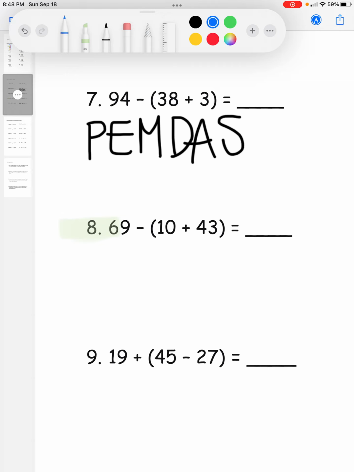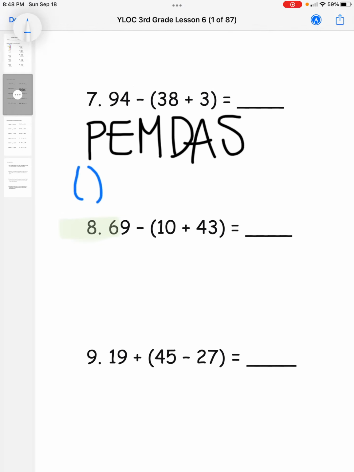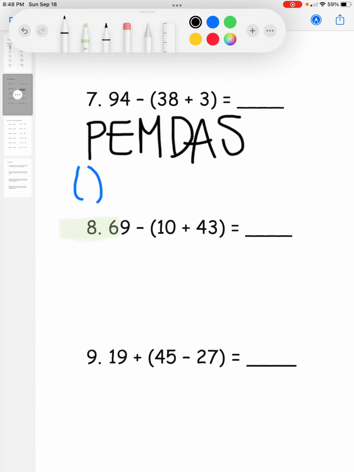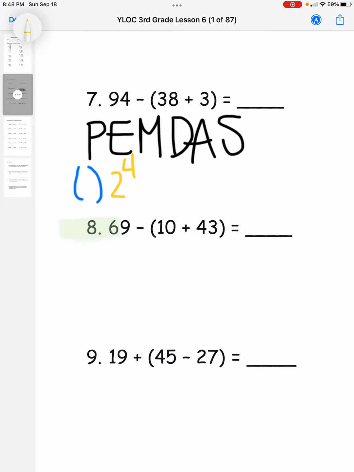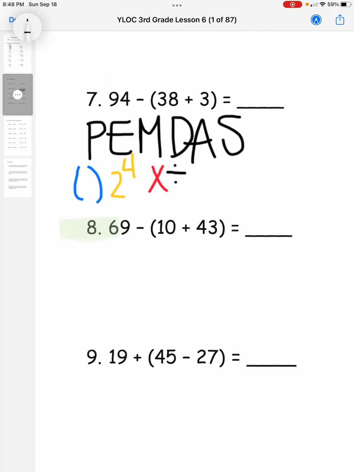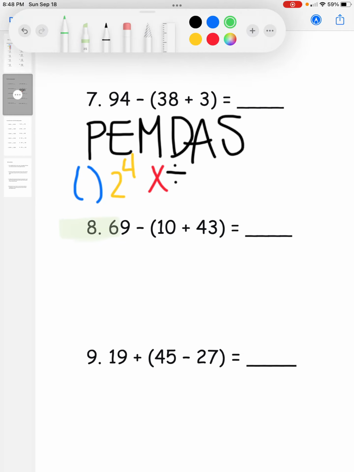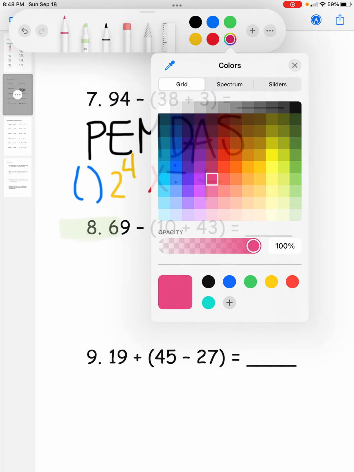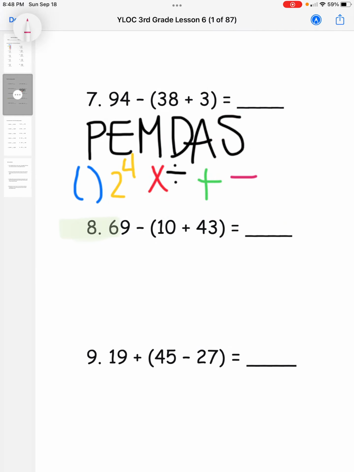The P stands for parentheses. The E stands for exponents, like a number 2 with the exponent of 4. M stands for multiplication. D stands for division. A stands for addition. And S stands for subtraction.